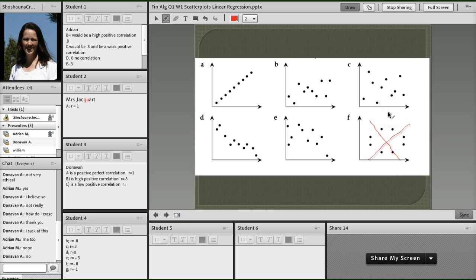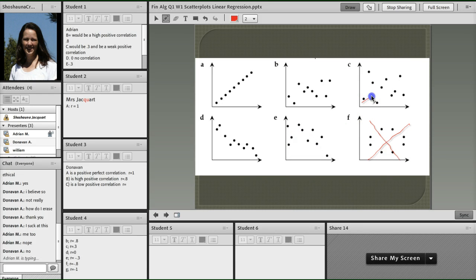And what about C? A low positive. Yeah, we can maybe put a positive trend line, or I could see a negative trend line. So maybe no, or really weak. Really weak, one way or the other.